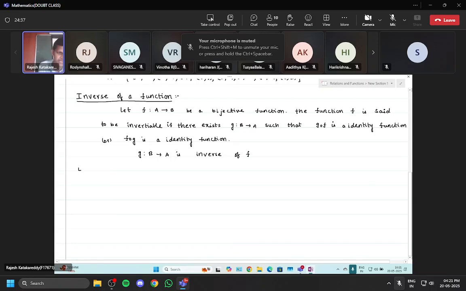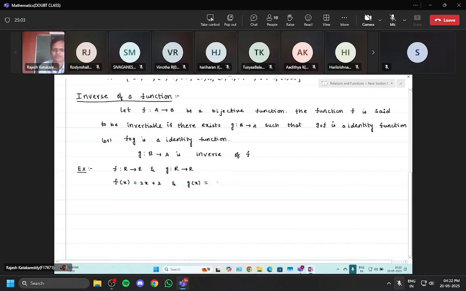For example, we are taking f and g mapping from real to real. You can take function f of x equals 2x plus 3 and function g of x equals x minus 3 by 2.